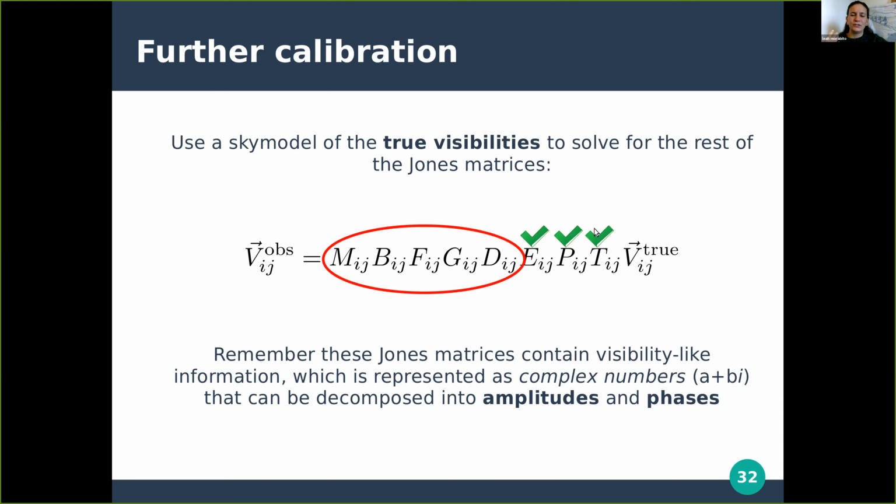So remember that these Jones matrices contain visibility-like information, which is represented as complex numbers that we often represent as amplitudes and phases. So we'll talk about amplitude and phase calibration today rather than just complex numbers.